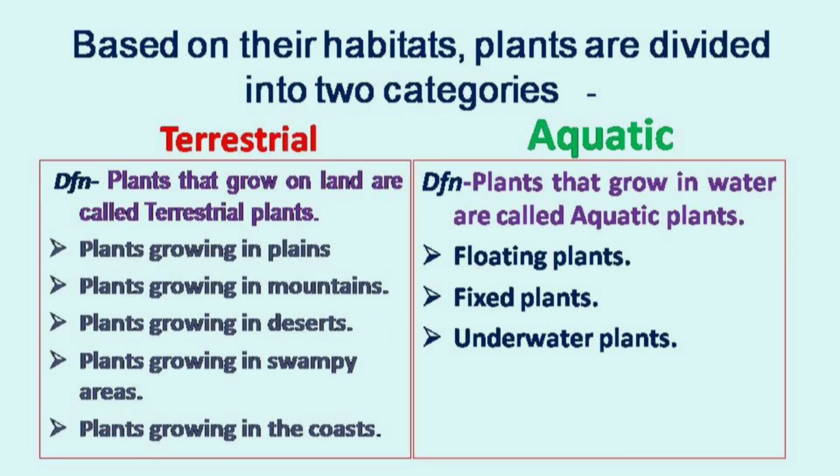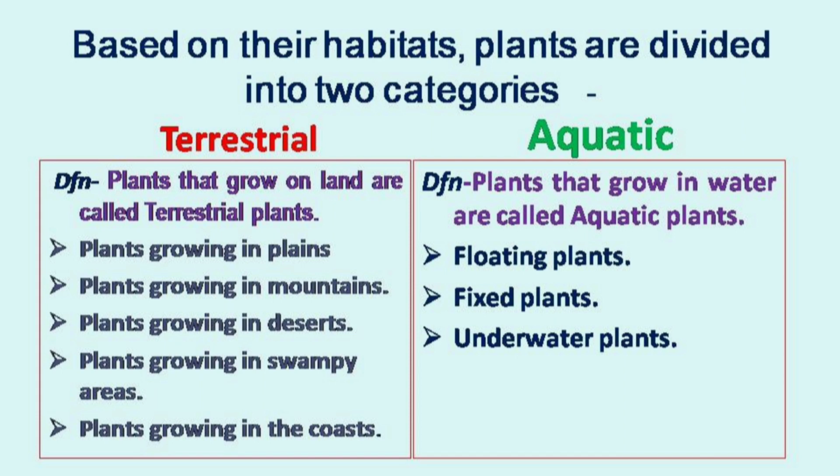Now, based on their habitats, plants are divided into two categories, that is, the terrestrial and the aquatic plants. The terrestrial plants are the plants that grow on land, and the aquatic plants are those plants that grow in water. Based on the features of the plants, the terrestrial and the aquatic plants are further divided into different categories.